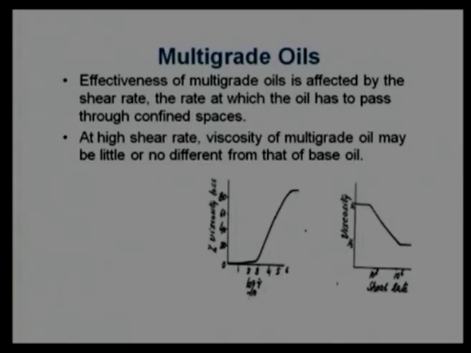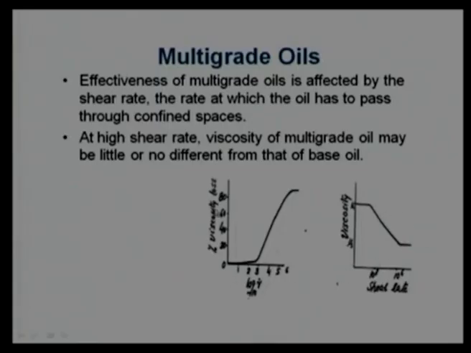Actual multigrade oil is working over here, but as the shear rate is increasing, they show a sudden change in behavior and try to reach the viscosity of the base oil or mineral oil in which the polymers are mixed.